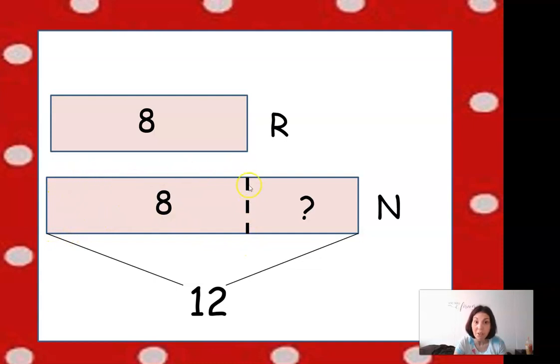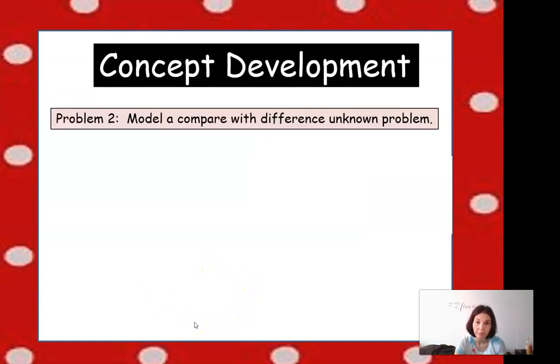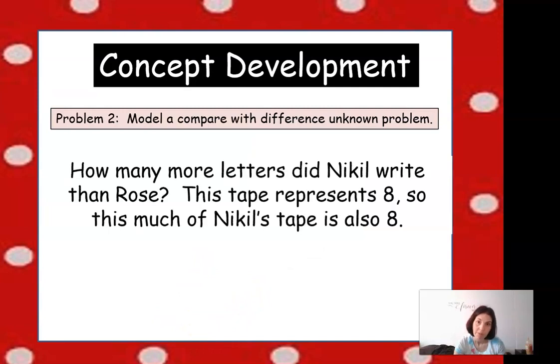So Nicole also wrote 8 letters, but then she also wrote some more. And that's what we want to figure out. How many more did she write past the 8? They both wrote 8 letters, and then Nicole wrote more. Nicole wrote 12 letters all together. How many more letters did Nicole write than Rose?